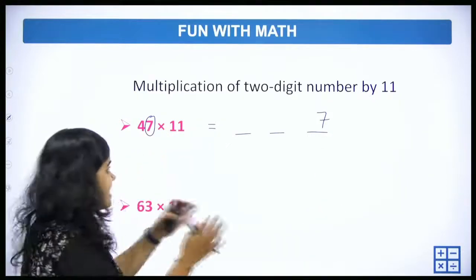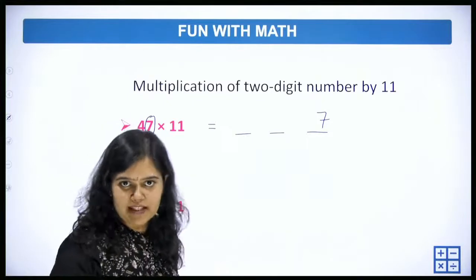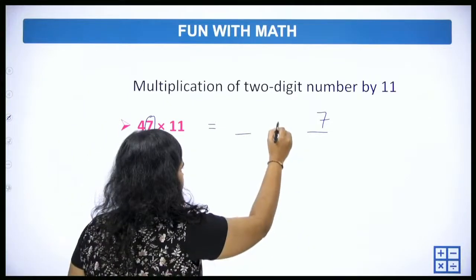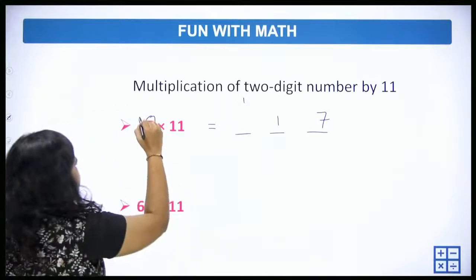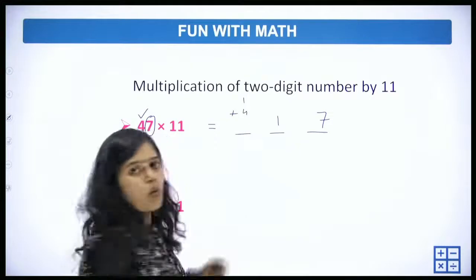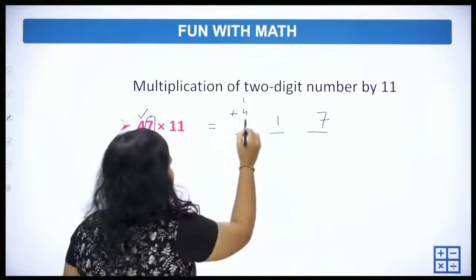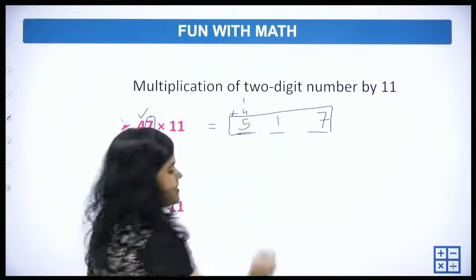What is in the tens place? 4 plus 7. What is 4 plus 7? 11. So 1 comes, 1 is carried. And what is in the tens place actually? 4. So plus 4. 1 plus 4 is 5. So 517 is the solution.